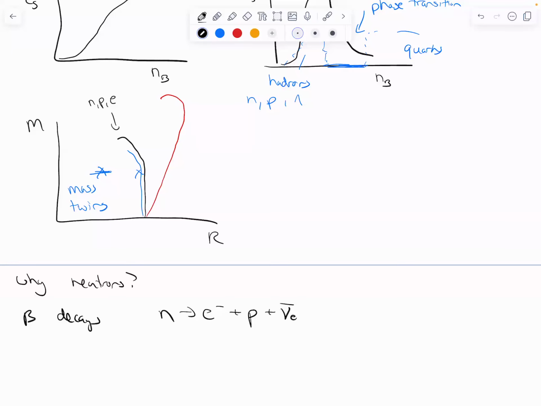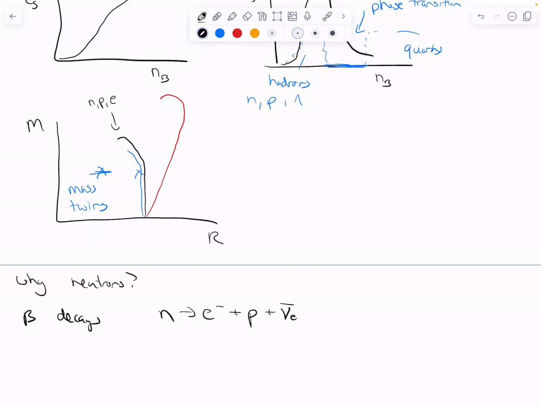This is something that we can measure here on Earth. This is also how nuclei can decay: a neutron undergoes beta decay and goes to a proton. This happens quite a bit for nuclei. It's fairly well understood. But what is difficult to do is go in the other direction.